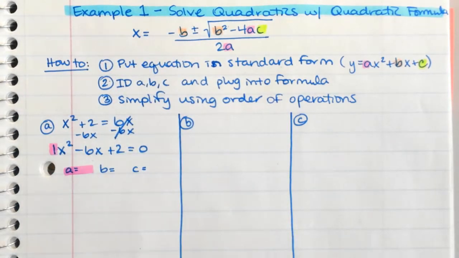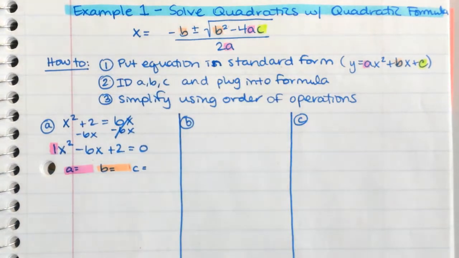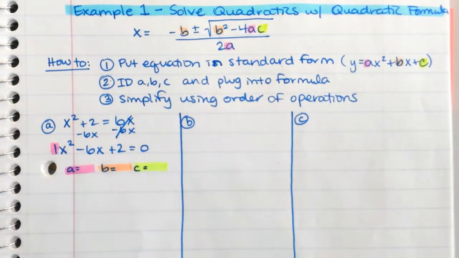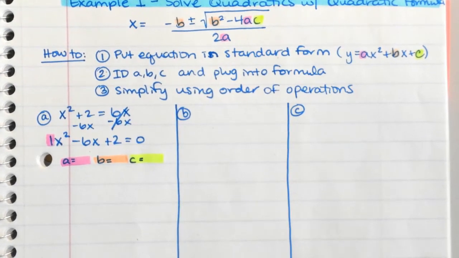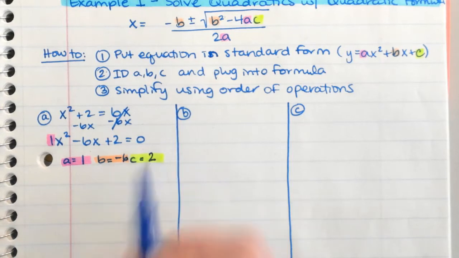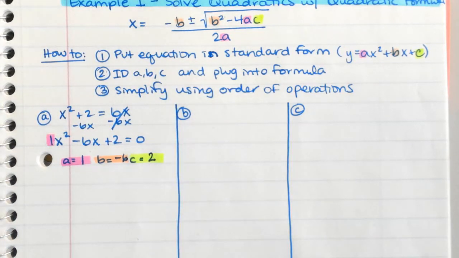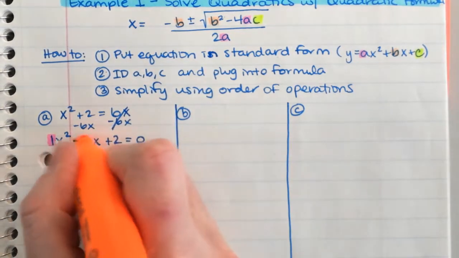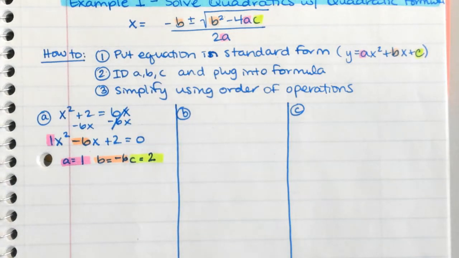So go ahead and quiz yourself, see if you can find B and C. So B would be -6, and C in this case would be 2. Questions for me so far?